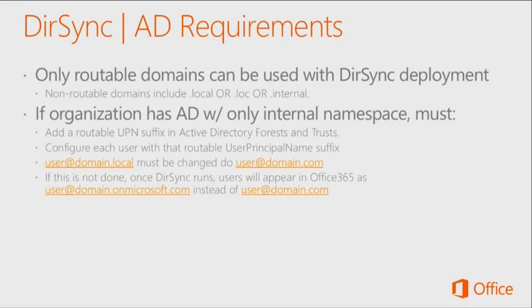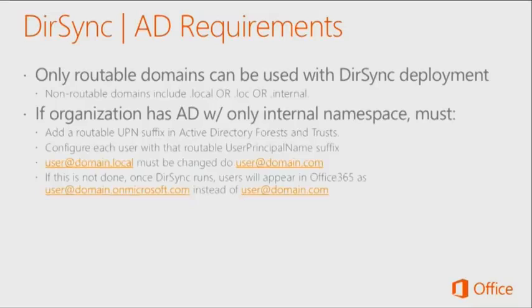Now, that internal domain is okay, it can stay, but how your users log in must change. Instead of logging into their PCs as domain\username, they need to log in with username@validdomain.com, or .net. It cannot be a .local, cannot be a .company, it can be a .co, but it has to be an internet routable domain, okay?